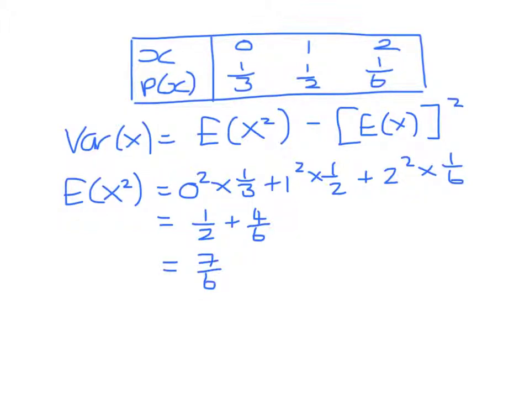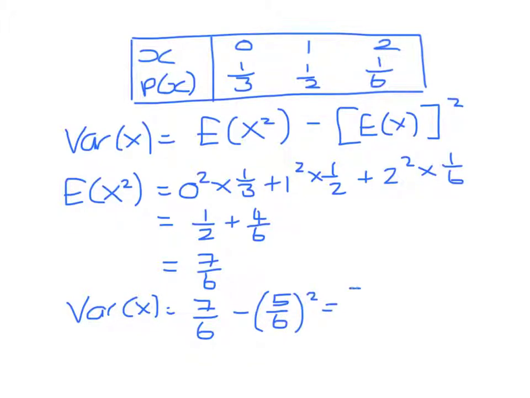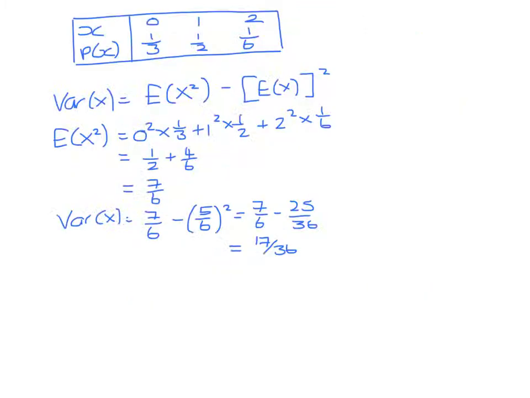Then to work out the variance, I take my expectation of x squared and subtract my expectation of x, which was 5/6, all squared. So that's 7/6 minus 25/36, and that simplifies to give 17/36.